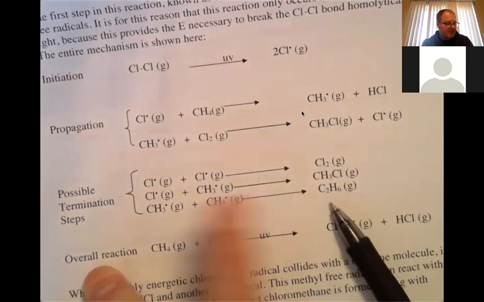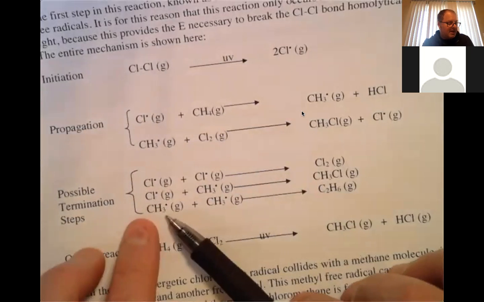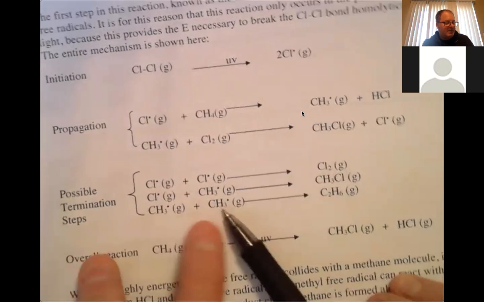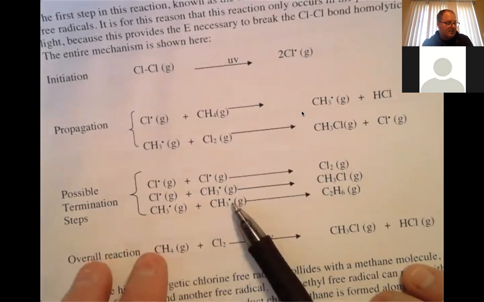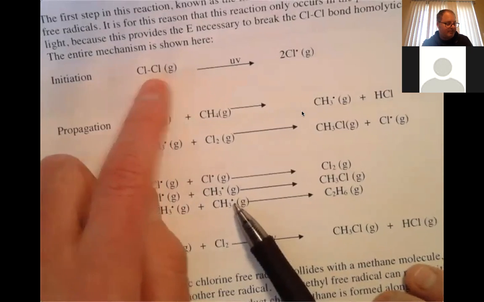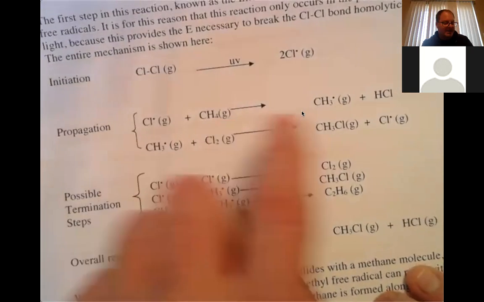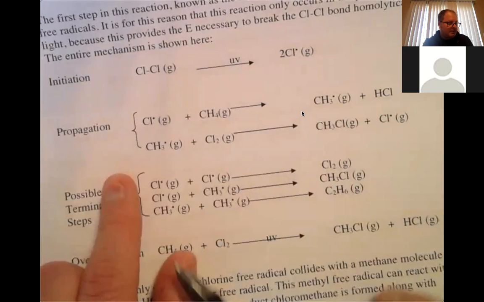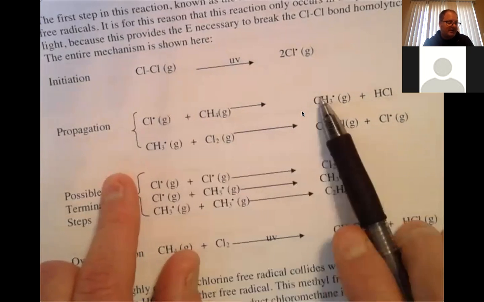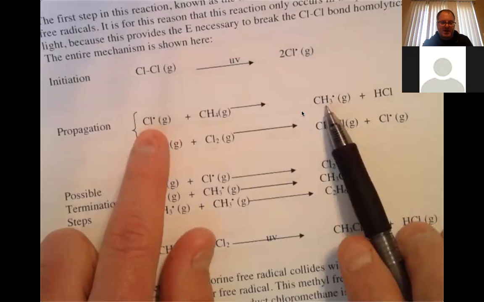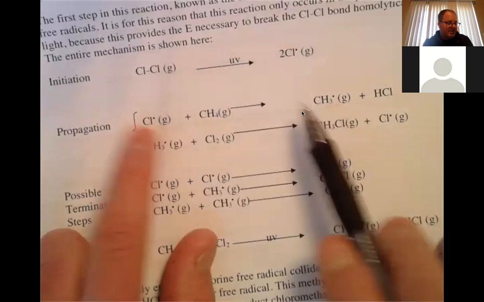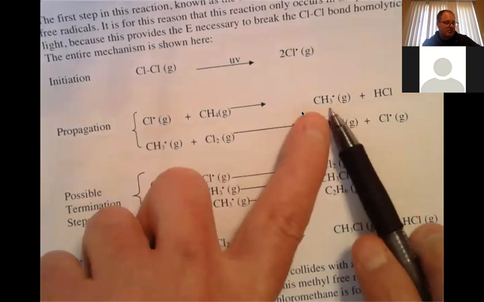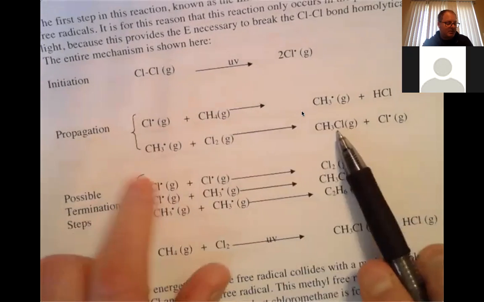And that would be done from two of these free radicals coming together. So basically you start with one thing, that one thing propagates another thing, and then you have two different types of radicals going out there, and then you have to pair them up with themselves, and then pair them up with each other.